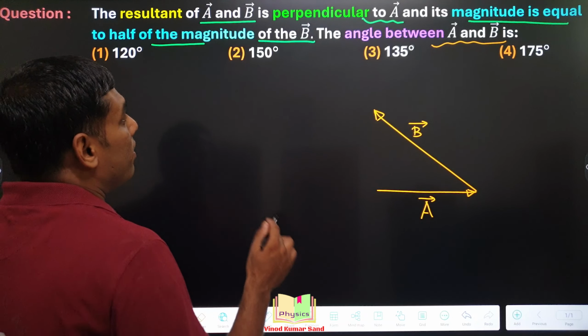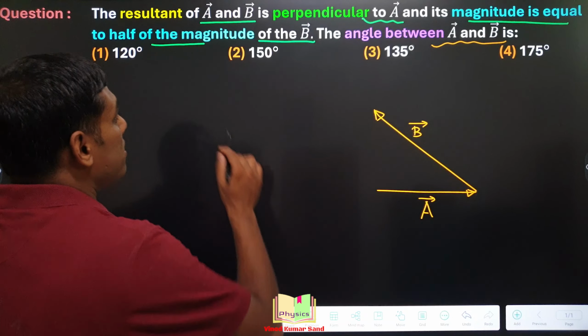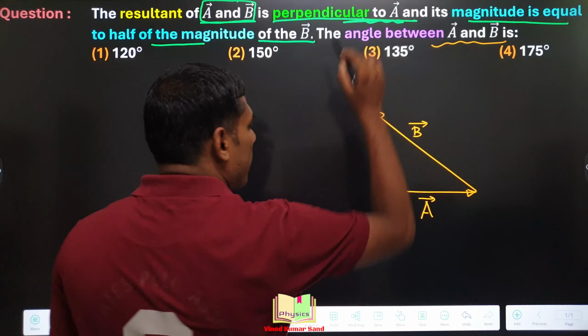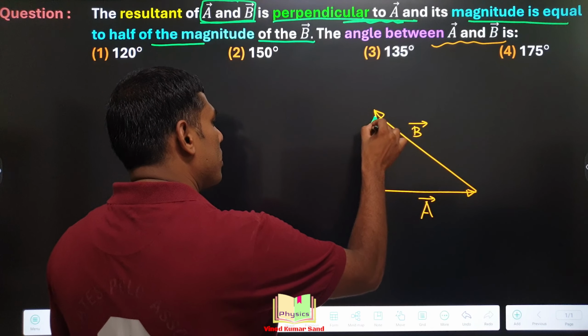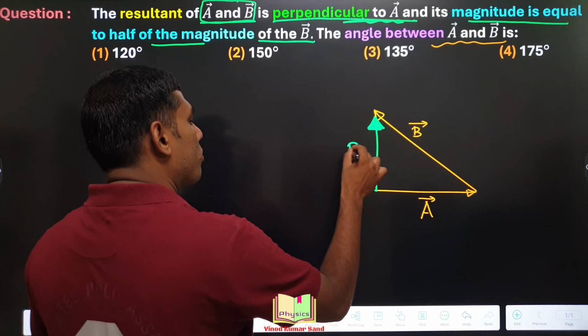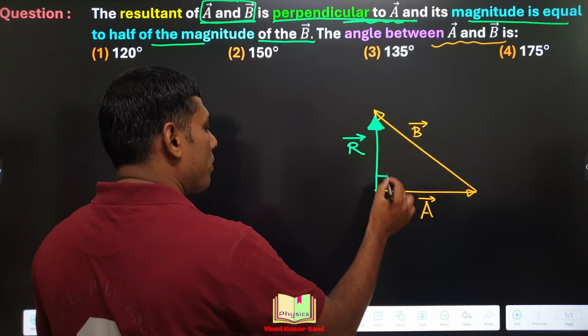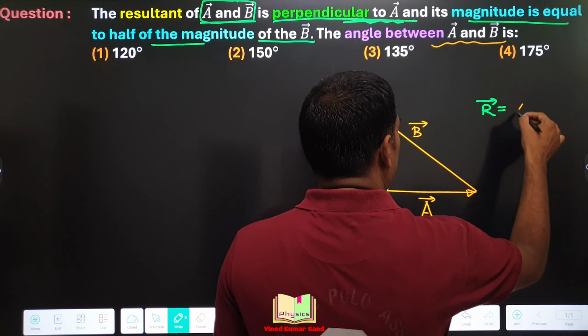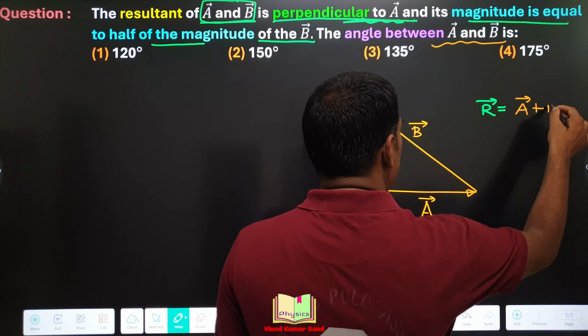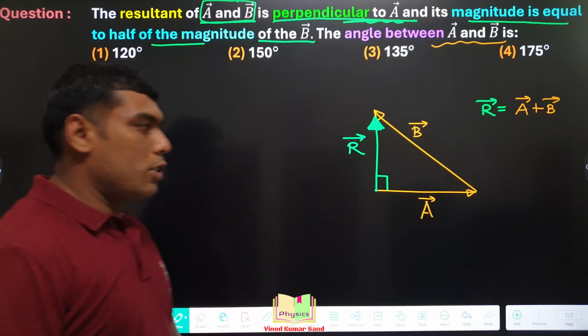The question says the resultant of these two vectors is perpendicular to A vector, which means the resultant should be like this. This should be the R vector, the resultant vector. Here R vector is equal to A vector plus B vector by the triangle law of vector addition.